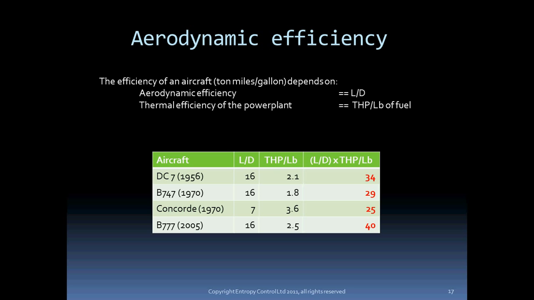Even in the 1970s, the Boeing 747 that came in could not match that efficiency. It's only in the 2000s that improvements in aerodynamics, and particularly in terms of engine efficiency, have allowed aircraft like the Boeing 777 to beat the prop liners in ton air miles per gallon.